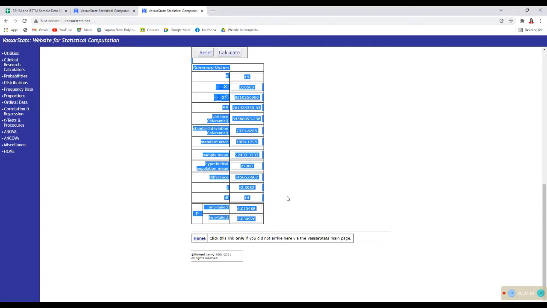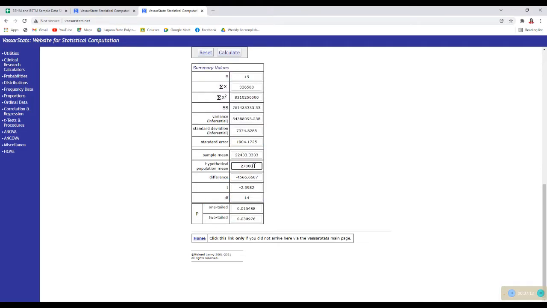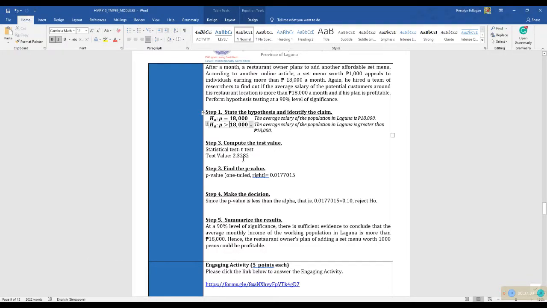Hindi mo pwede i-reject si null hypothesis kasi pointing on the other direction si t-value. Okay? So, sabi ko nga, it's a matter of common sense lang. Ibig sabihin ng negative dito, it is pointing to the left. So, magiging true lang yung p-value mo if the alternative hypothesis is also pointing to the left.